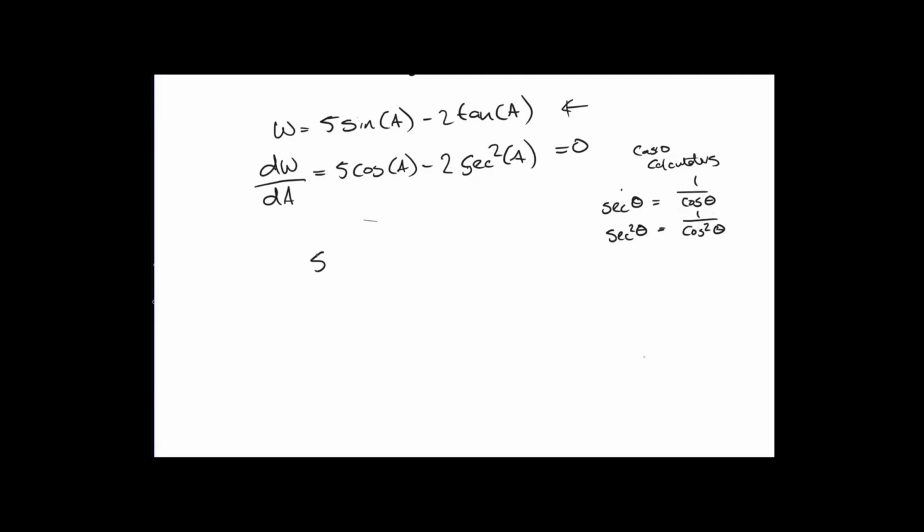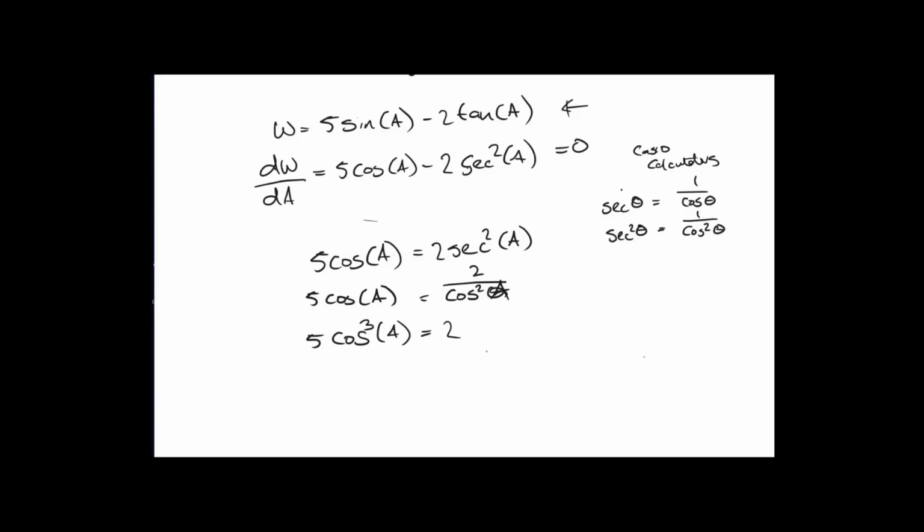So 5 cosine of A is equal to 2 secant squared of A, which is equal to 2 over cosine squared of A. And then we bring these across. So 5 cosine cubed of A equals 2. Ooh, that's going to be a bit nasty. So therefore 5 cosine cubed of A minus 2 equals 0.